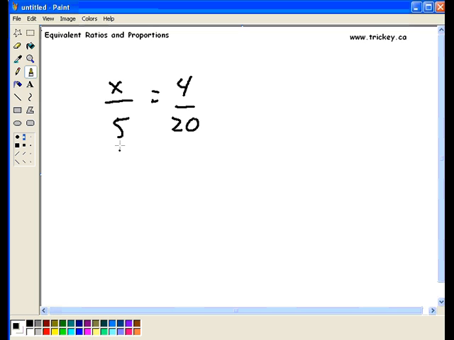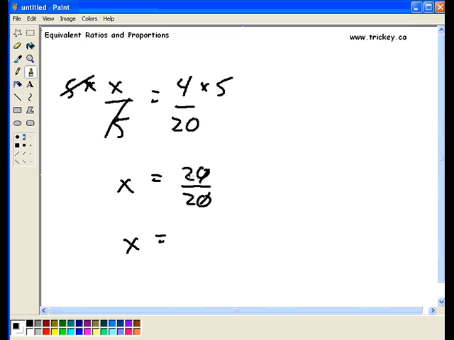Again, the goal is to get x by itself. In order to get rid of a divided by 5, I multiply by 5. Whatever you do to one side, you do to the other. Multiplying by 5 cancels out a divided by 5 and leaves me with my x on the left side. Left side's done. On the right side, 4 times 5 is 20 over 20. Cancel the zeros. 2 over 2 is 1.